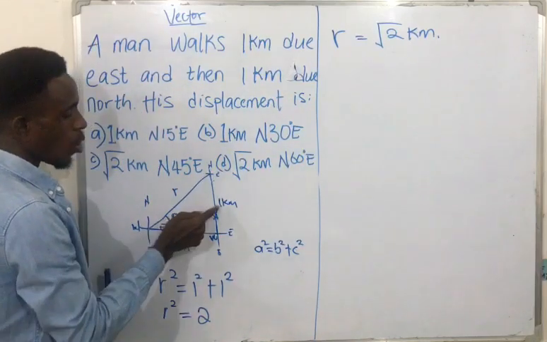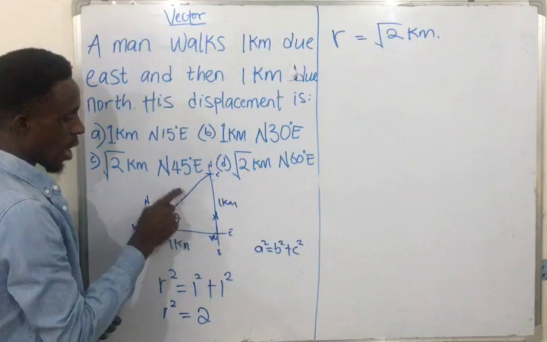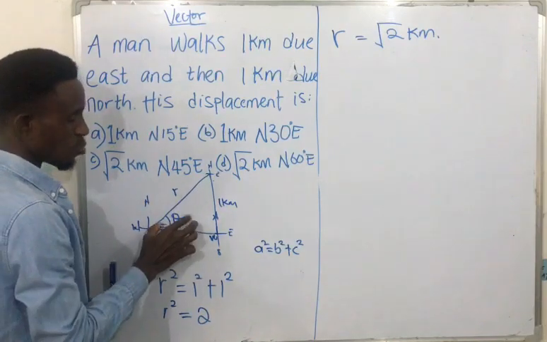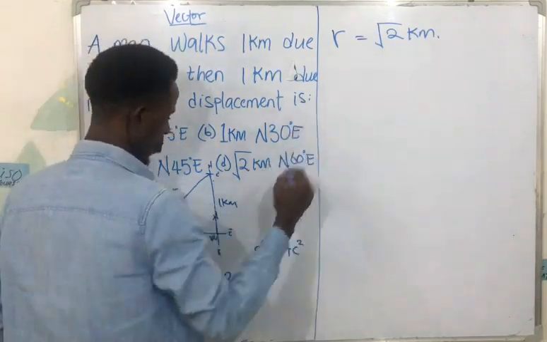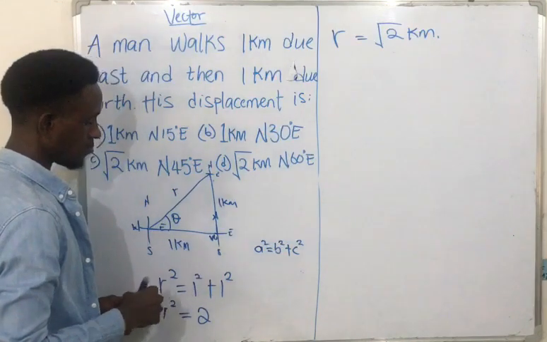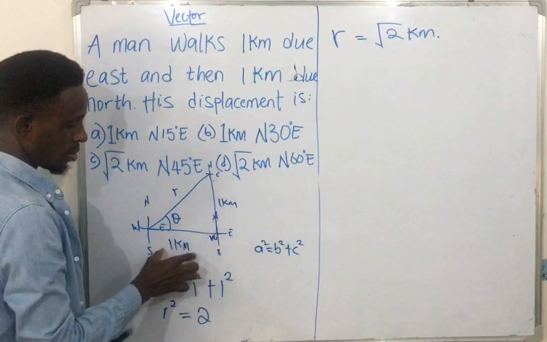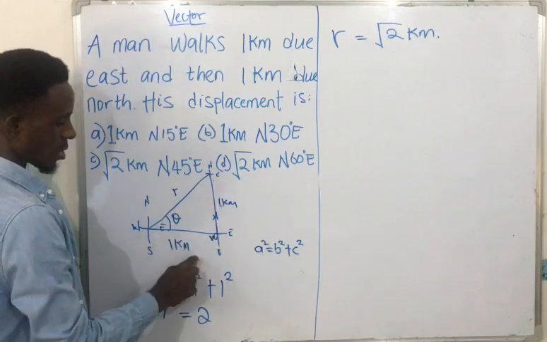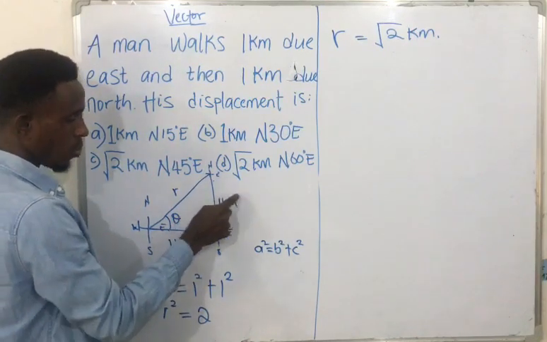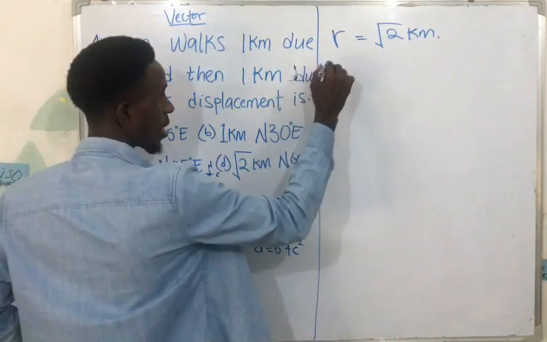Now this is opposite over hypotenuse. That's going to be sine. Or I can even use this and this, which is adjacent and opposite. So opposite over adjacent gives me tan.